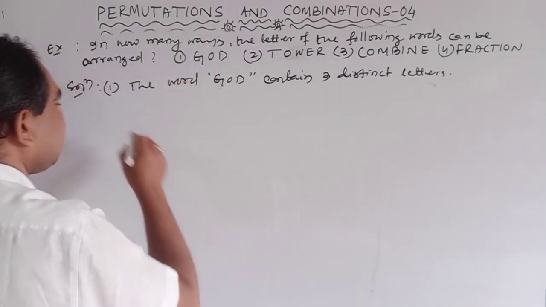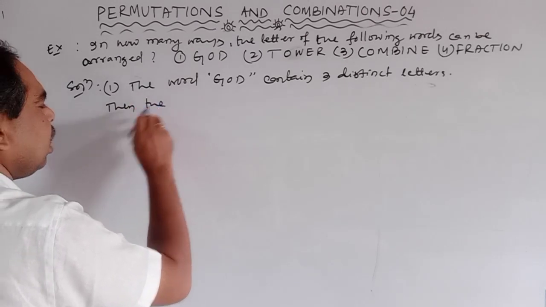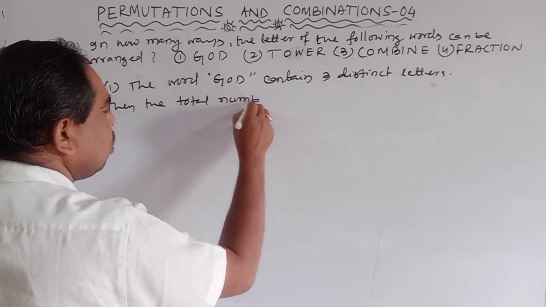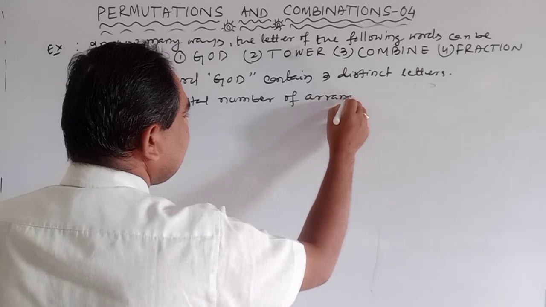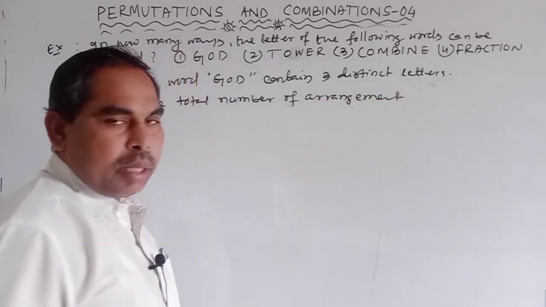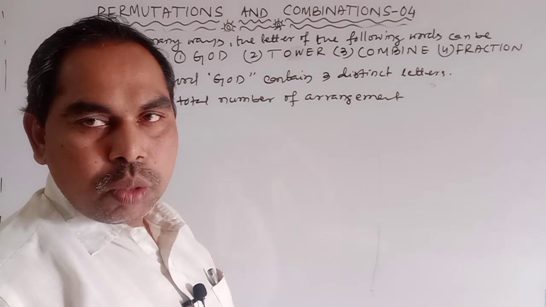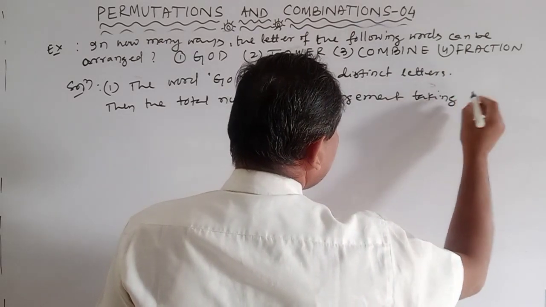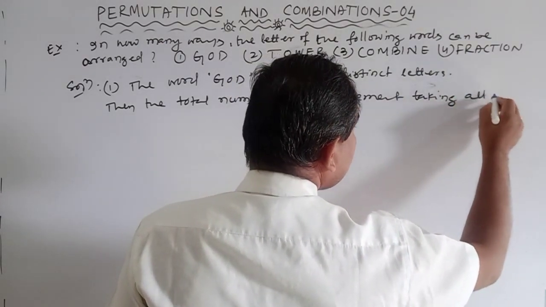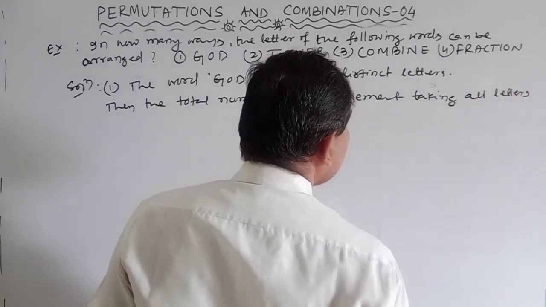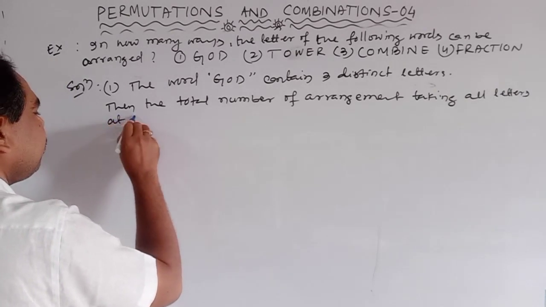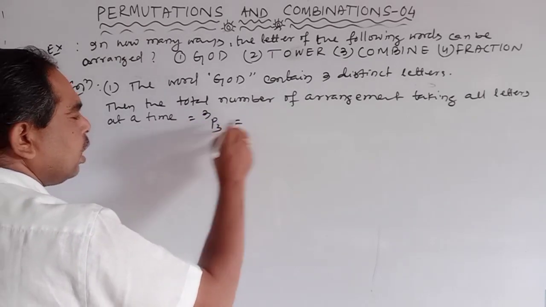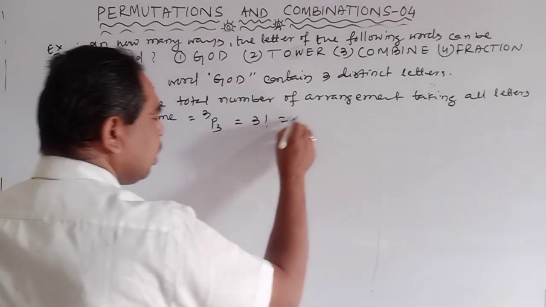Then the total number of arrangements taking 3 letters out of 3 letters, taking all letters at a time, is equal to 3P3, which is equal to 3 factorial, which is equal to 6.